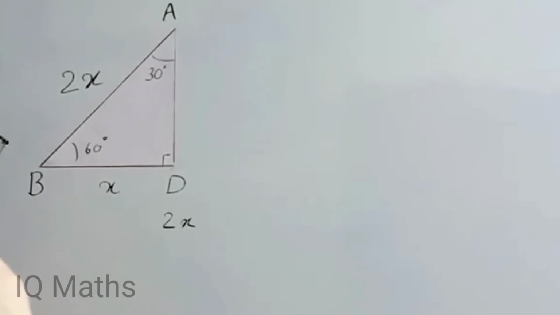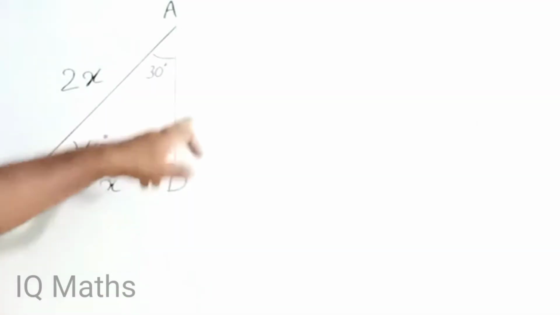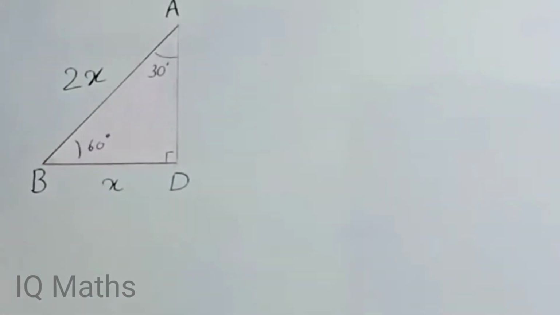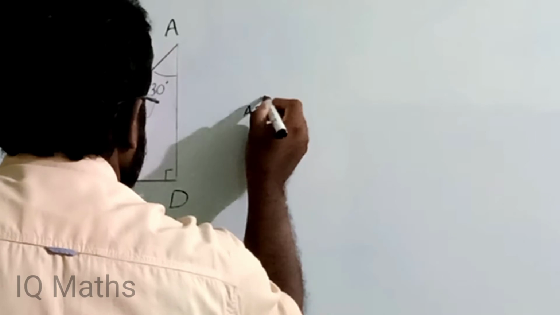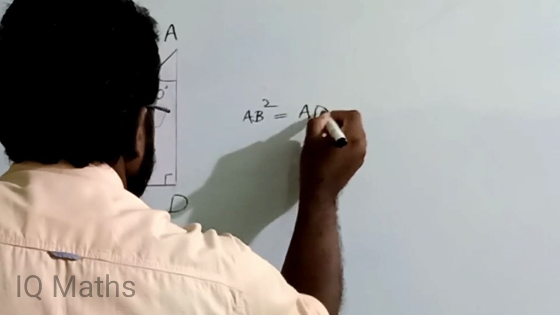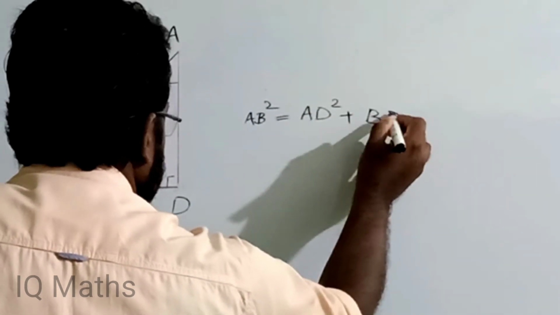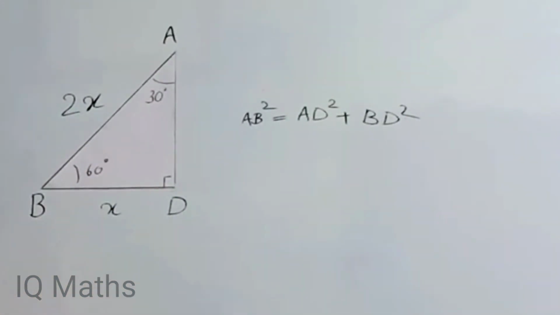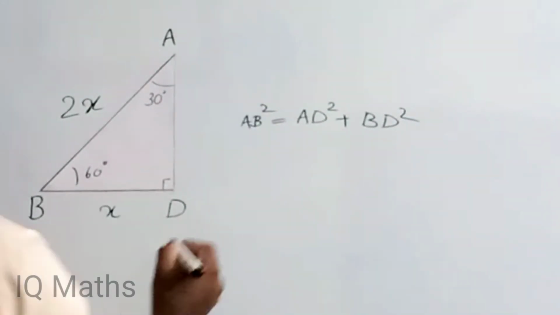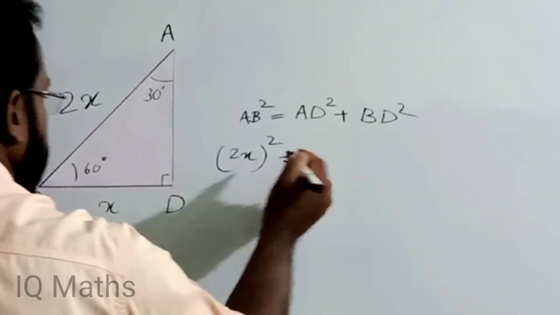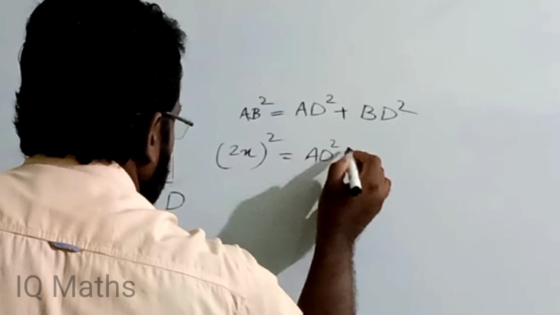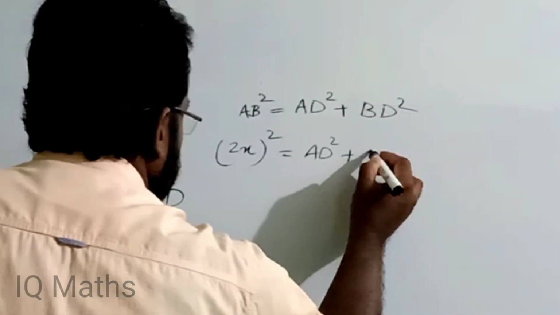This is x. This side is 2x and we can find AD by Pythagoras theorem. That is AB square is equal to AD square plus BD square. AB square is 2x the whole square, is equal to AD square, that we have to find out, plus BD square, which is x square.